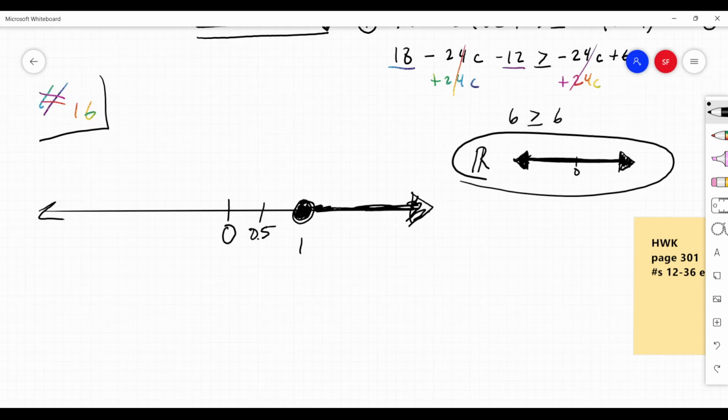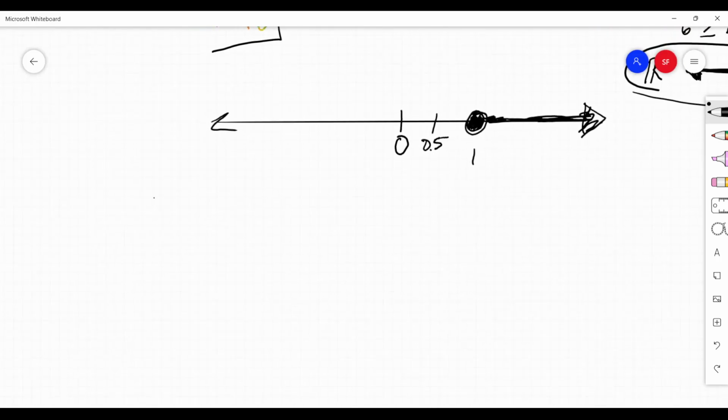Yeah. Any other questions on this homework set? Number 32, he says. Number 32. This is from page 301.